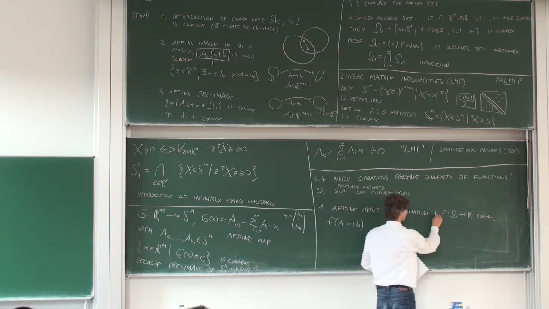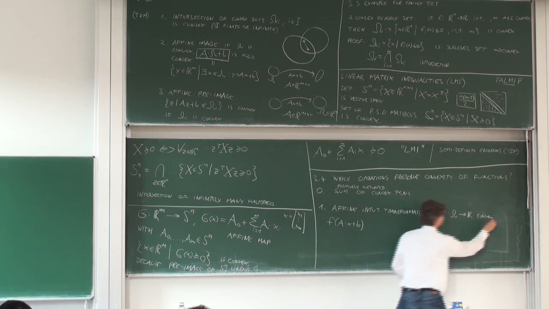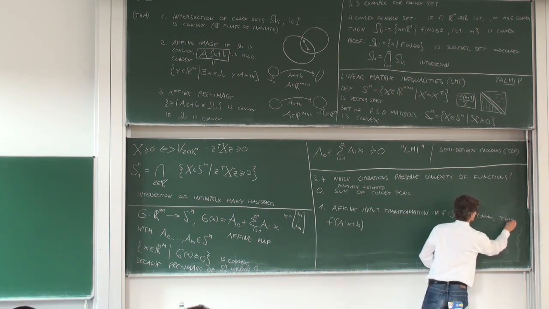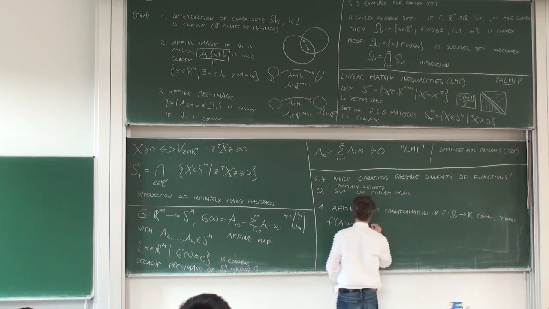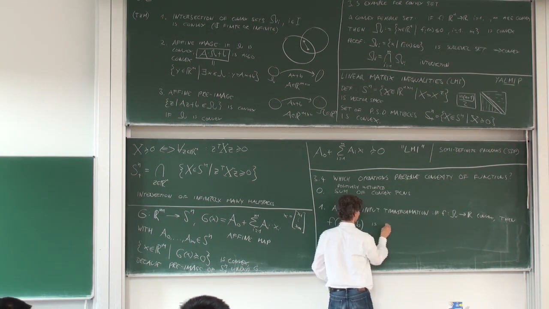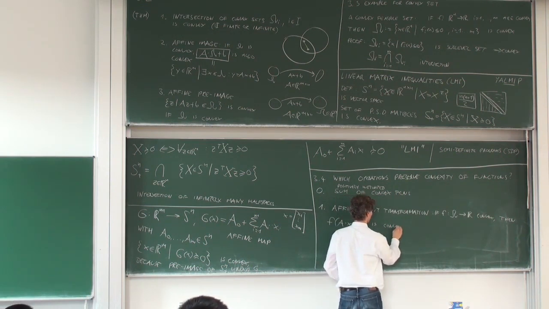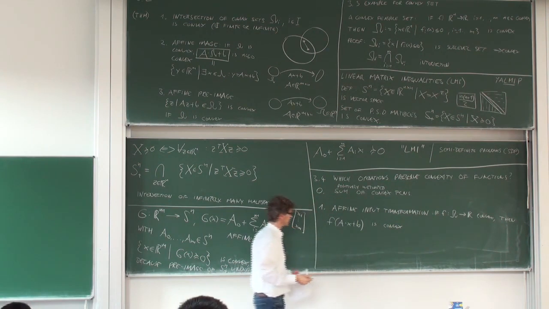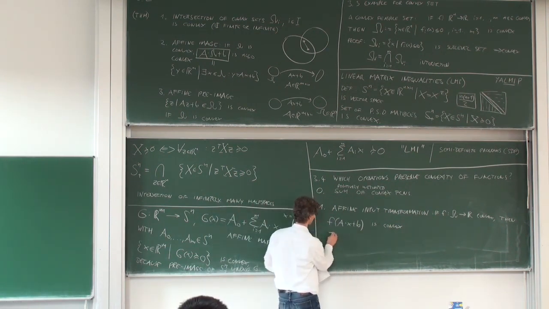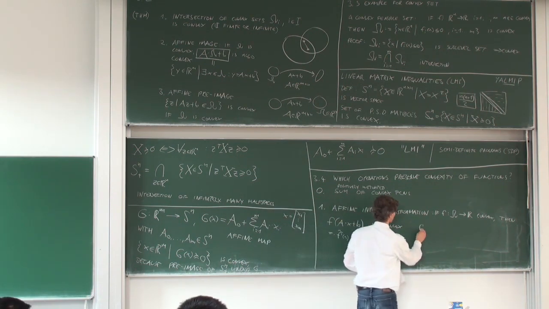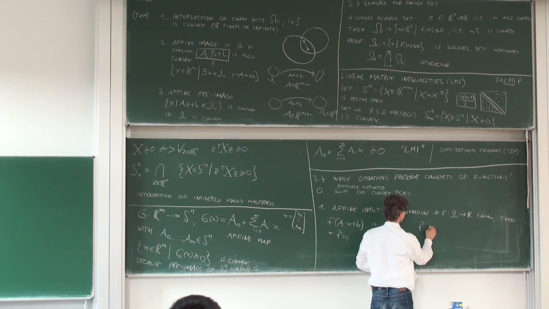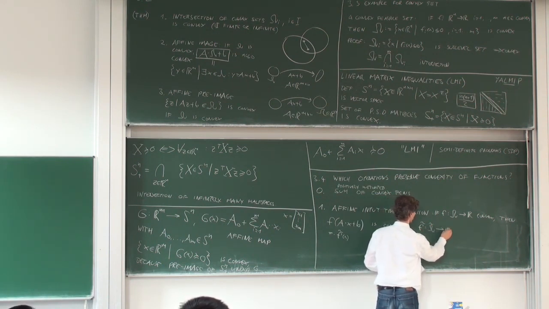So if f is convex, then this function is also convex. To be specific, actually, we would have to define a new function. Maybe we call this whole thing f tilde of x. And then this new function, f tilde of x, is a function that maps from omega tilde into R.